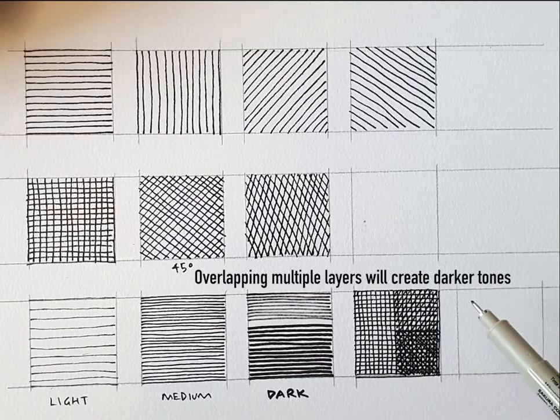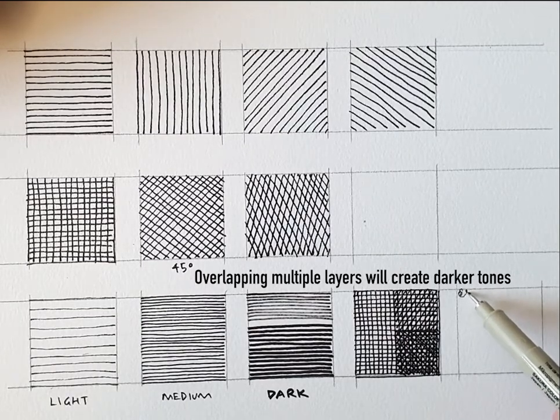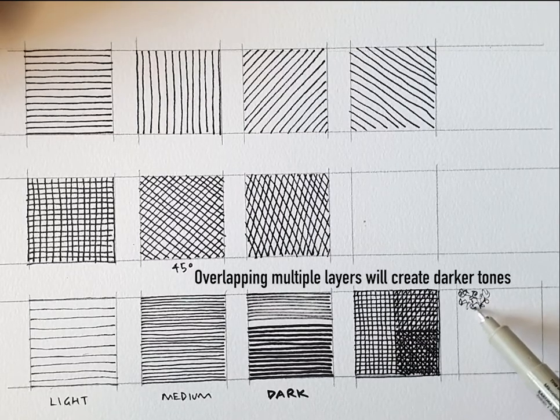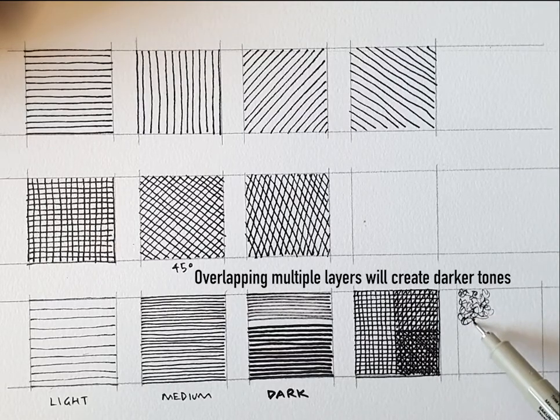So similarly for the scribble texture, you can start with a general scribble. Again, the scribble is not loops, your pen is moving erratically, left, right, up and down.